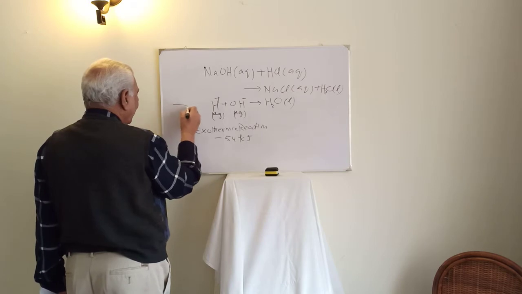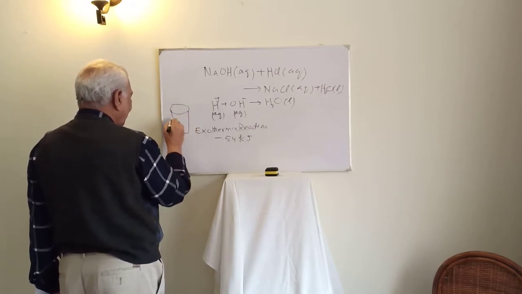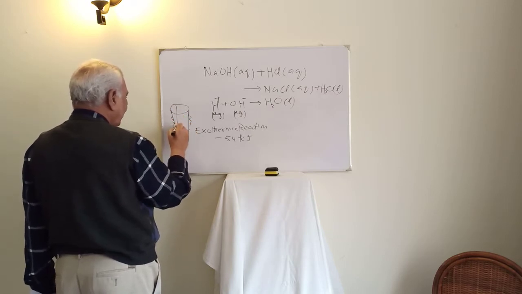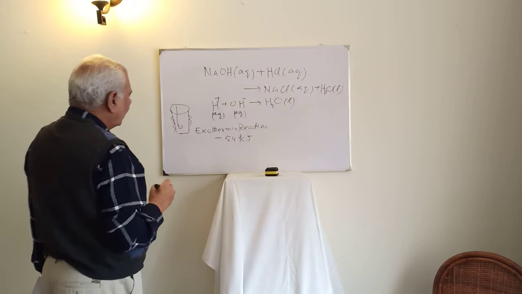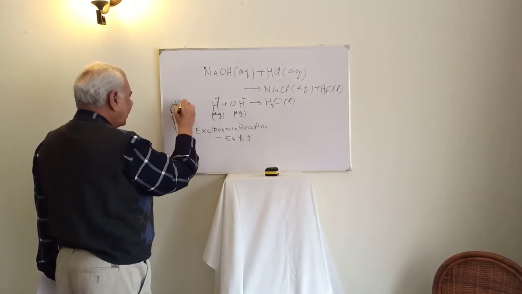What we do in this case is take a calorimeter, which is fitted with a stirrer, and then there is a thermometer here.